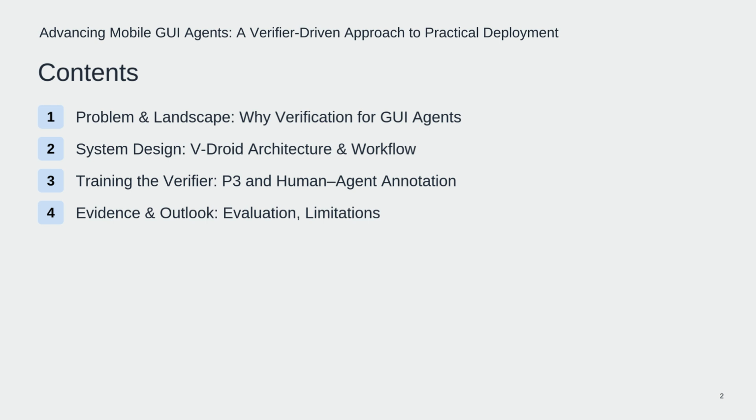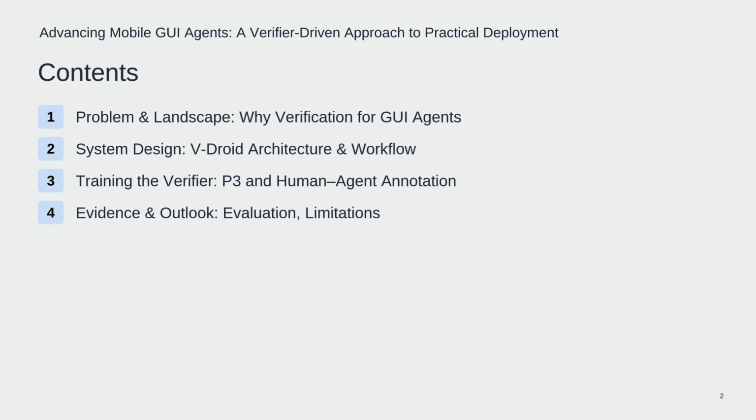Let me start with an outline of the talk. I'll begin by defining the problem and landscape: why building GUI agents for mobile apps is challenging, and specifically why they propose a verification-driven approach for such agents. Next, I will describe the system design of ViDroid, including its overall architecture and workflow.